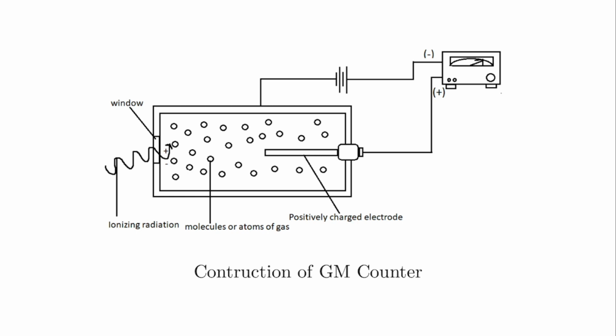When ionizing radiation passes through the tube, it ionizes the gas atoms, producing positively charged ions and electrons. These ions and electrons are then accelerated by the electric field towards the wire, producing an electric pulse that is detected by the counter, and later we get to know the number of radiations being emitted from a source.